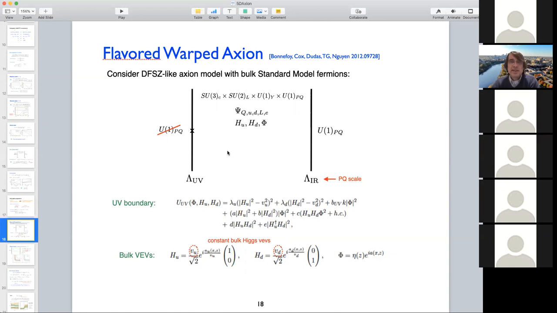Axion-fermion couplings, and that's what I'm doing here now. So I'm still using the setup where I have a violation of the Peccei-Quinn symmetry on the UV boundary, but now I'm adding the fermions in the bulk. The reason why I'm adding the fermions in the bulk is because I also want to solve the fermion flavor problem.